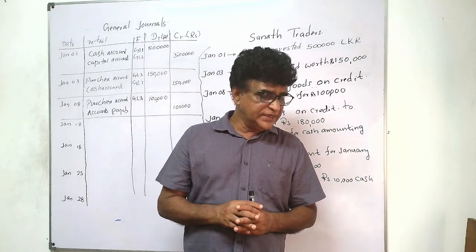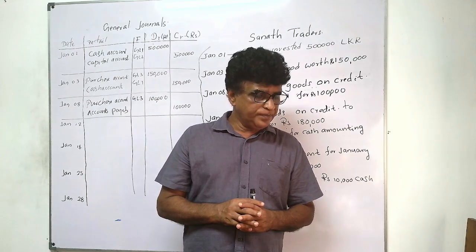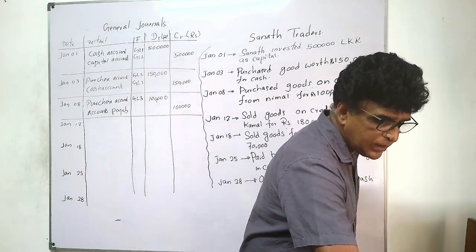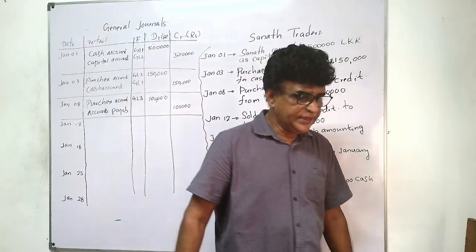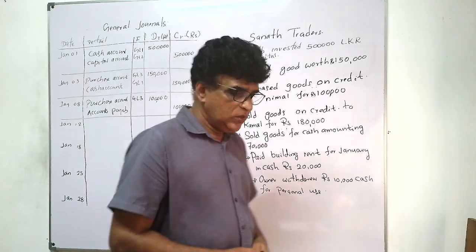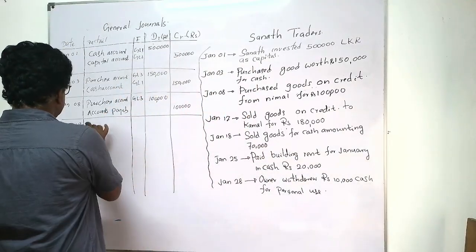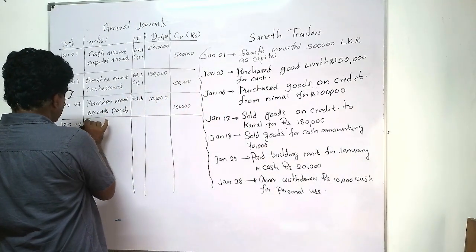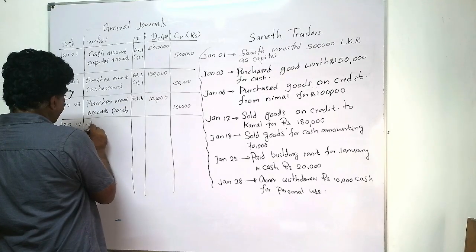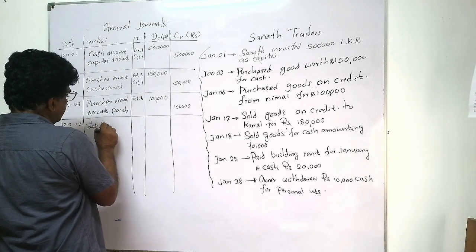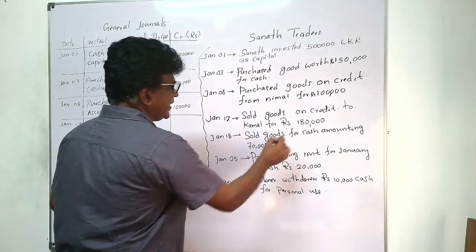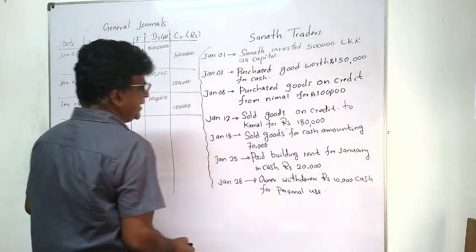One is receivable account and the other one is sales account. Then we have to say trade receivable account will debit by 180,000.